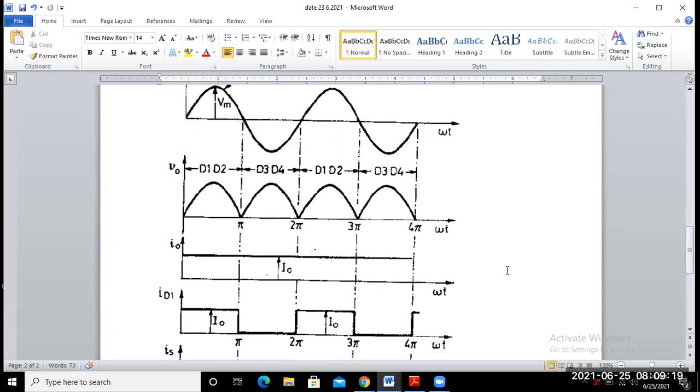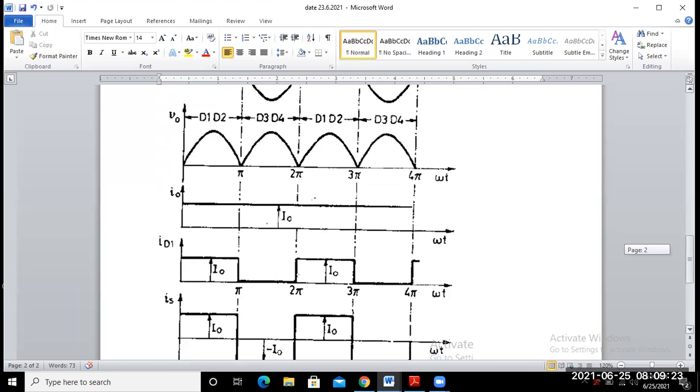So for the diode current, diode 1, or maybe diode 2, the diode current follows the output current we obtained when D1 and D2 conducted. So up to this point we got the value of I0.